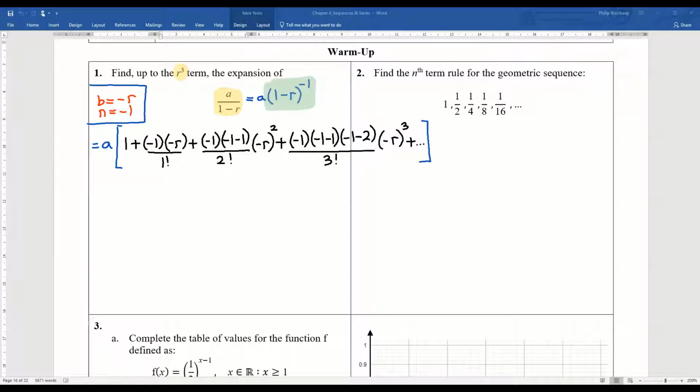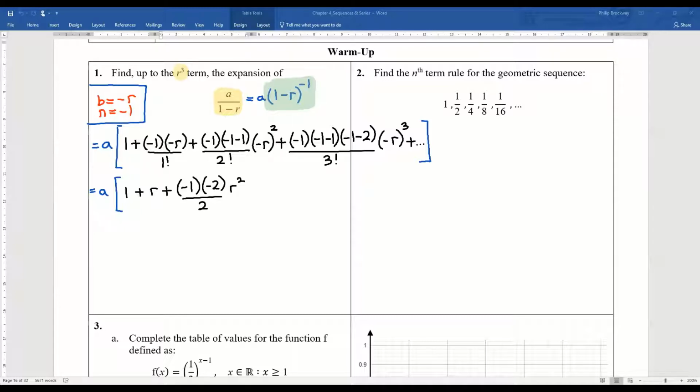So we just have to tidy this up now. This is going to equal a, open your bracket. Two negatives make a positive, so that's going to be plus r. Then we add -1 multiplied by -2 over 2 factorial, which is just 2, and if we square -r, that just gives us r squared.